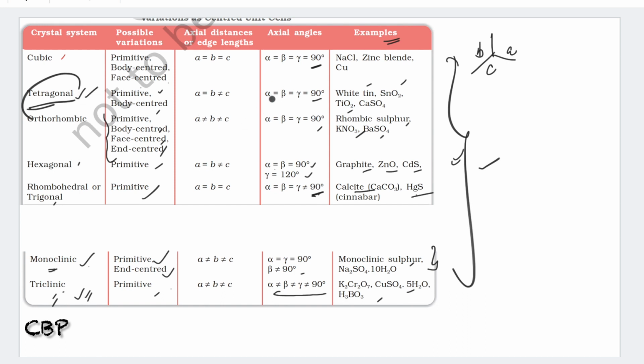Then the options are there: alpha equals beta equals gamma equals 90 degree, or alpha equals beta is not equal to gamma. Different options are there, and you have to learn these two examples of each one, because it is important for MCQ type questions also.